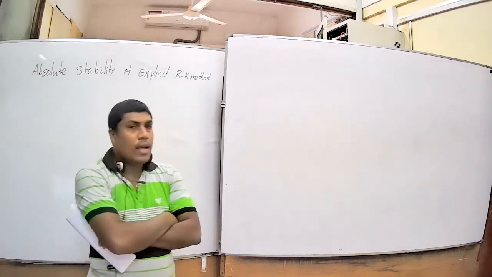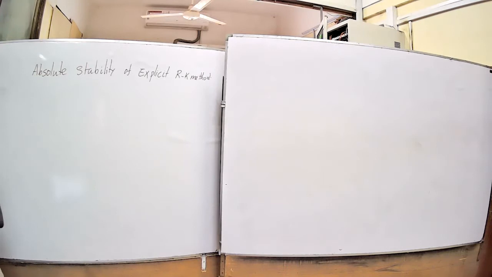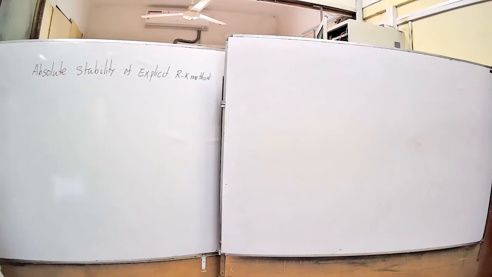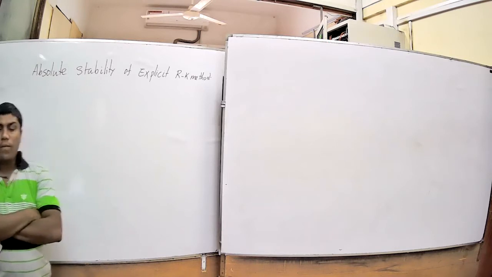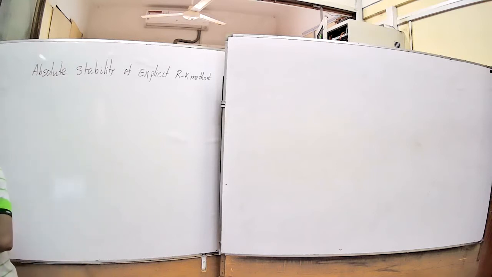We say that the method is absolutely stable if the computed values or the approximated values y_n are bounded when the method is applied for an initial value problem y prime is equal to lambda y, right, with initial value y naught.